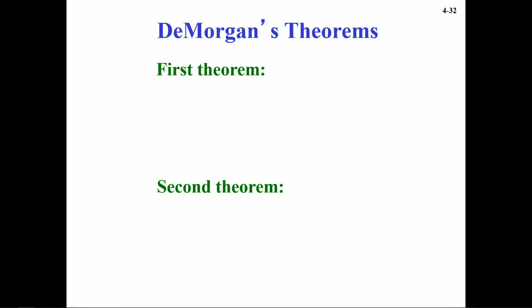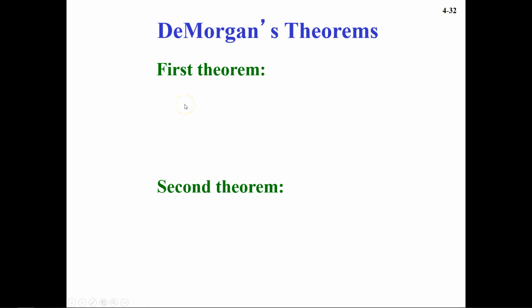These theorems allow us to convert back and forth from min-term to max-term forms of Boolean expression, and they also allow us to eliminate long over bars, or you can say long complements, if you have them in a Boolean expression which covers several variables. So that can be avoided using De Morgan's theorem.